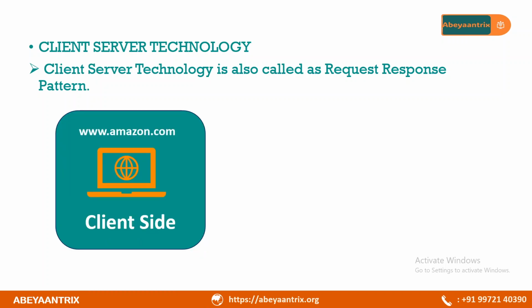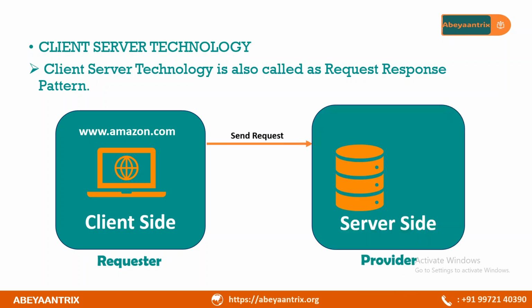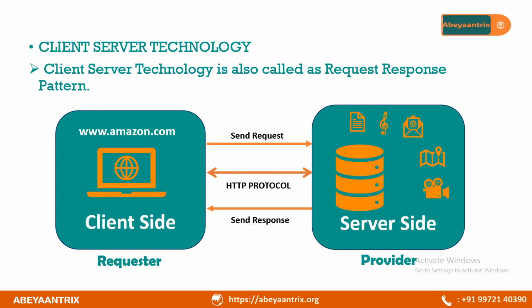On the client side you request amazon.com, and the server side provides the home page of amazon.com. This communication happens over the HTTP protocol, and you can access images, audio, video, anything created on that web page.